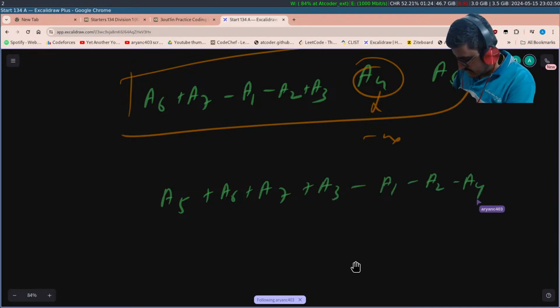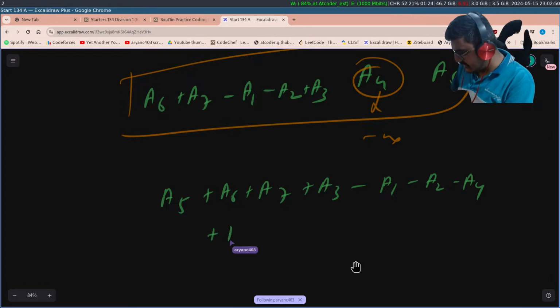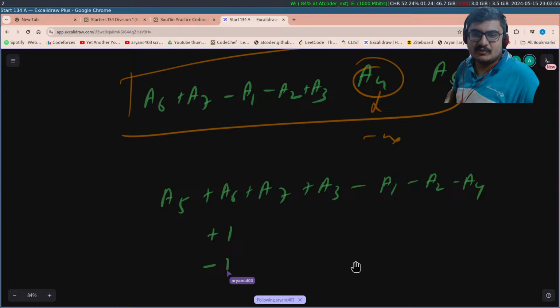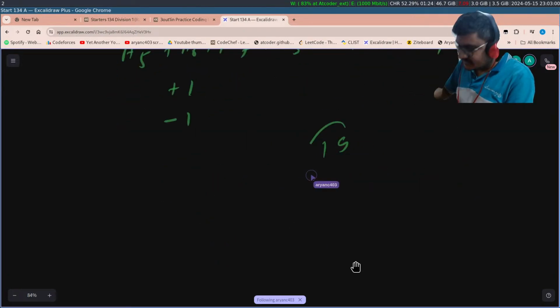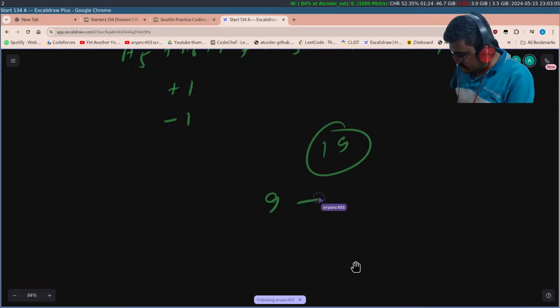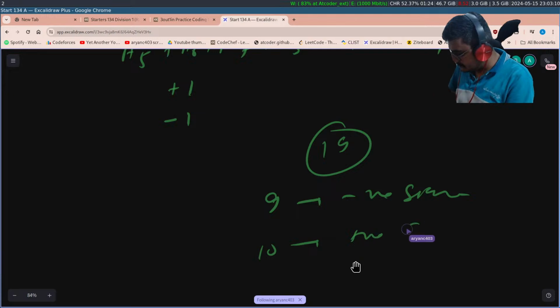So 4 numbers have a plus sign and 3 numbers have a negative sign. One thing you can prove is that if there are, say, 19 numbers, then no matter how you apply operations, 9 numbers will have a negative sign and 10 numbers will have a positive sign.